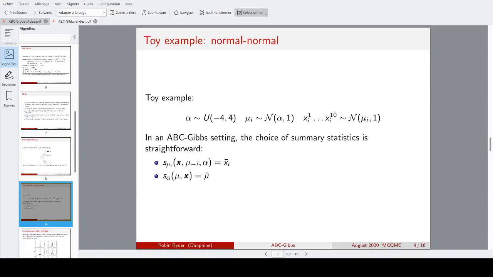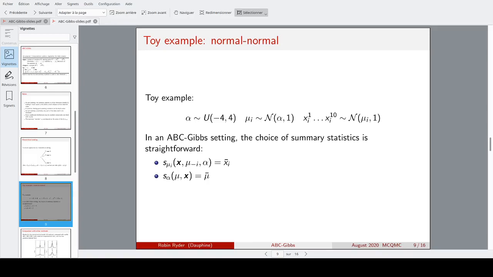Now, a toy example where we know the true posterior, and we can sample from it exactly using MCMC, is a normal model. So here we're going to have alpha, which follows some uniform distribution a priori, and then each mu_i is a normal variate centered at alpha, and then for each mu_i we're going to have 10 observations, which are also normal, centered at that point.